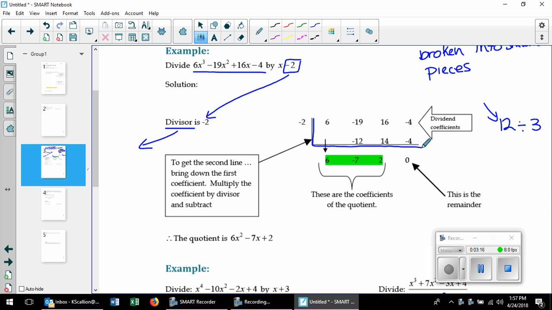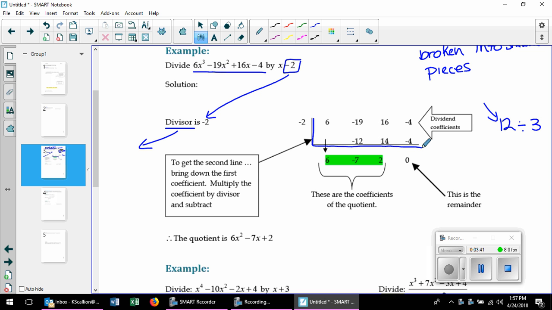Remember, they have to be in order, and all the degrees have to be represented. So we would have 6x cubed, so the 6 goes here, it's positive, minus 19x squared, so it's -19, plus 16x, 16 goes here, and minus 4 goes there. So that's x to the exponent 0, right? We talked about that before.